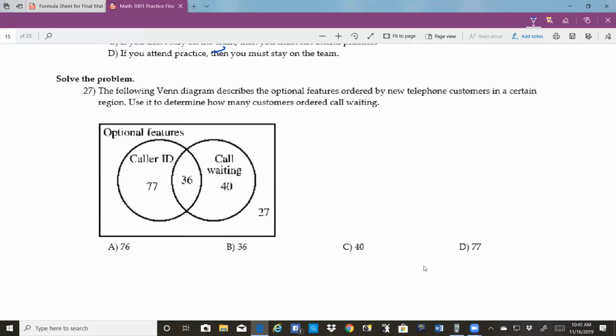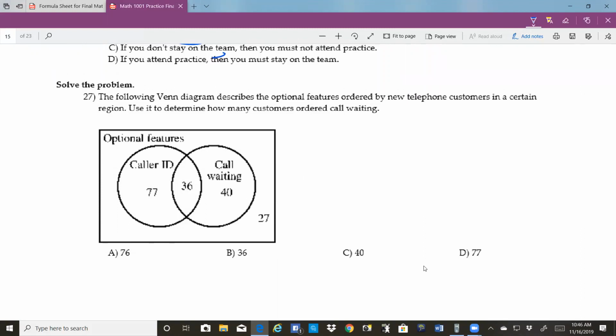Number 27 is another Venn diagram. It describes the optional features ordered by new telephone customers in a certain region. Use it to determine how many customers ordered call waiting.